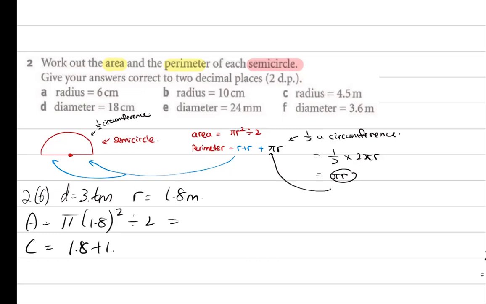Circumference will be 1.8 plus 1.8 plus pi 1.8. Okay, done.